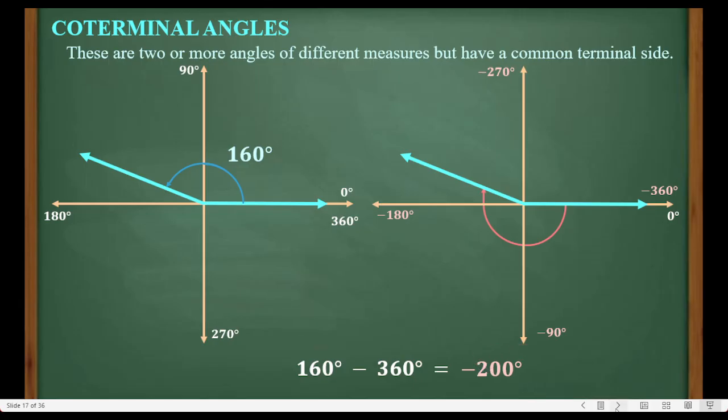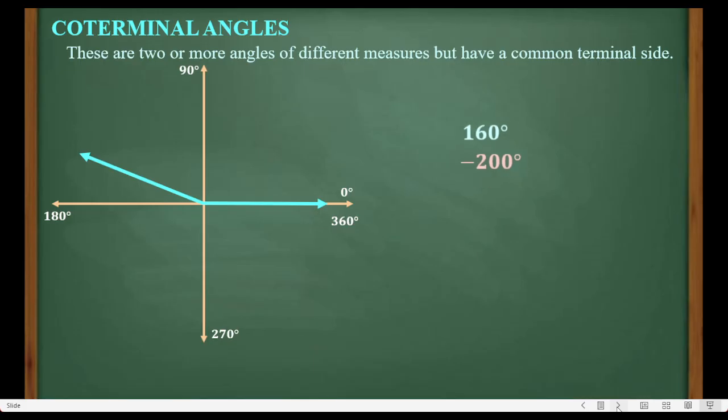So what does this mean? It means the two angular measures are what we call the coterminal angles, because they share the same terminal side.